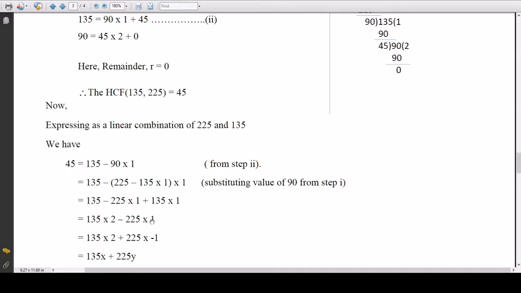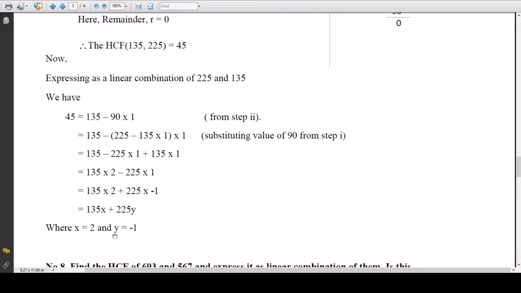of 225. Okay, now why do we want to change this? Because we want to express it as a linear combination. 135 multiply 2 plus 225 multiply minus 1, you can write as 135x plus 225y, where x is 2 and y is minus 1.